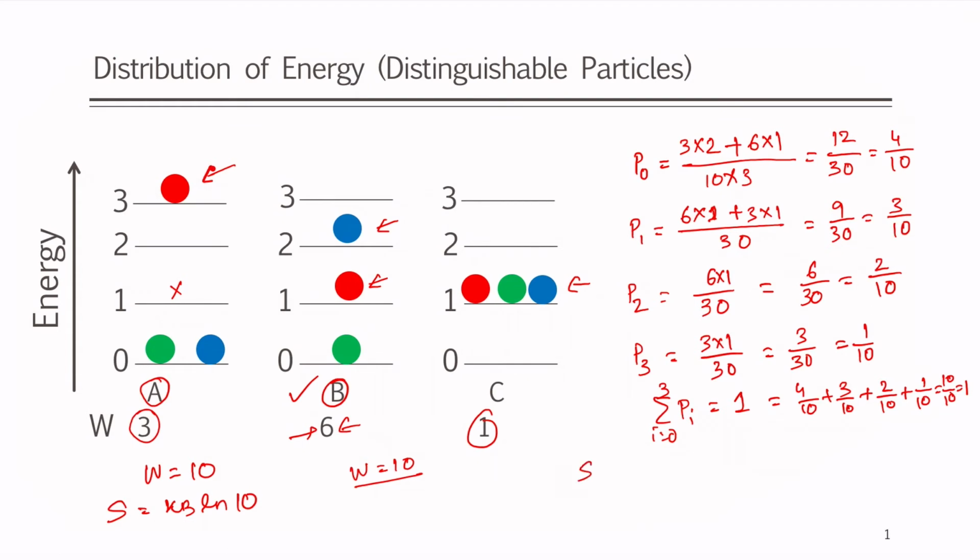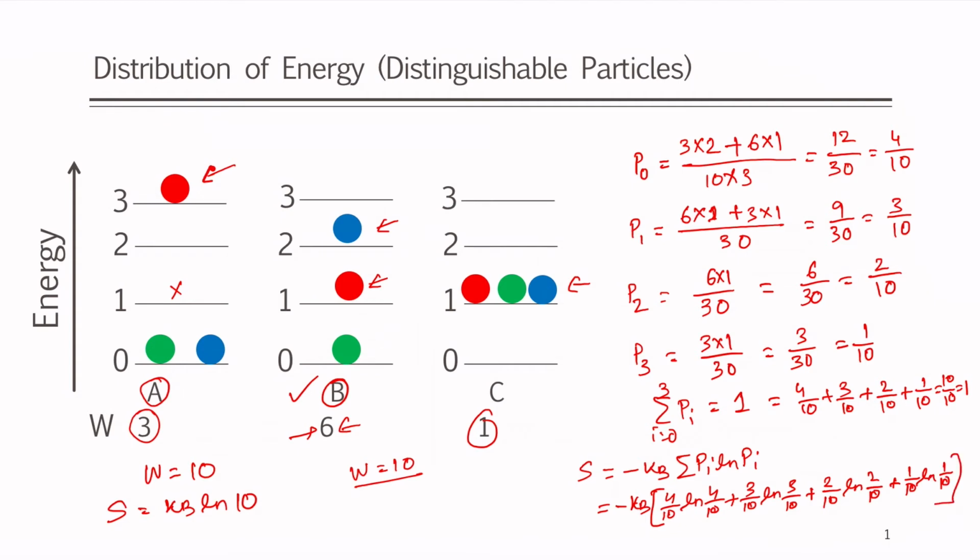Now to calculate the entropy, we have to use the formula minus k_B sum over p_i ln p_i, which means it is minus k_B times 4 by 10 ln 4 by 10 plus 3 by 10 ln 3 by 10 plus 2 by 10 ln 2 by 10 plus 1 by 10 ln 1 by 10, and that is the entropy for 1 particle. So we should write S by n, or S by 3, n equal to 3 we know, right?